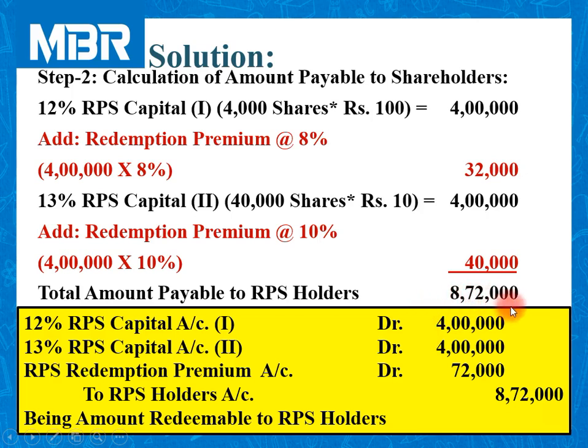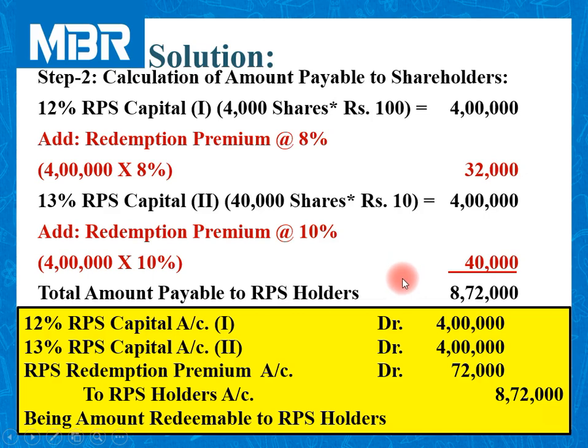Total amount redeemable as RPS capital is rupees 8 lakhs: 4 lakhs for RPS capital 1 and 4 lakhs for RPS capital 2, or you can say 12% RPS and 13% RPS. So rupees 8 lakhs redeemable for capital and 72,000 rupees redeemable for RPS redemption premium.